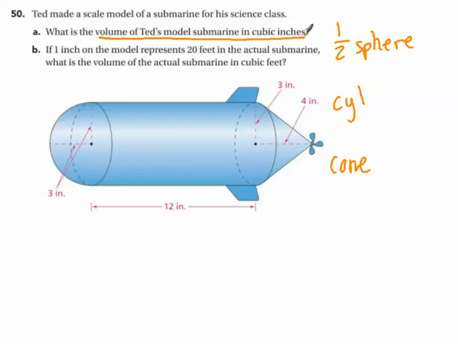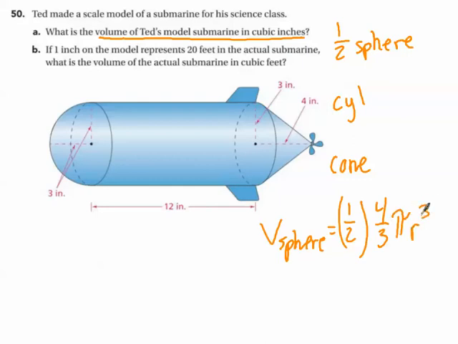Be careful in finding the volume of the sphere. It's going to be half of 4/3 pi r cubed. This cylinder is normal as we've done it, and the cone is normal as we've done it.